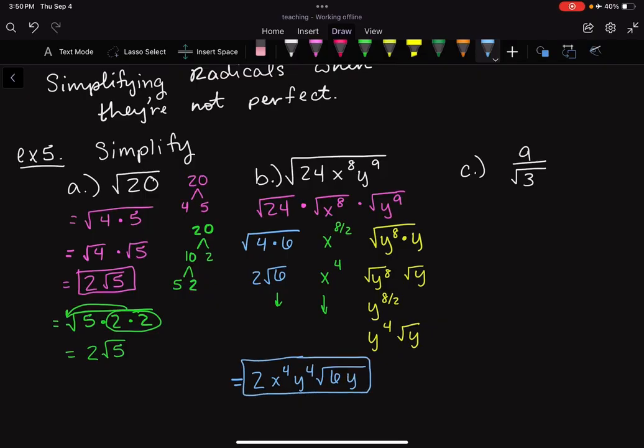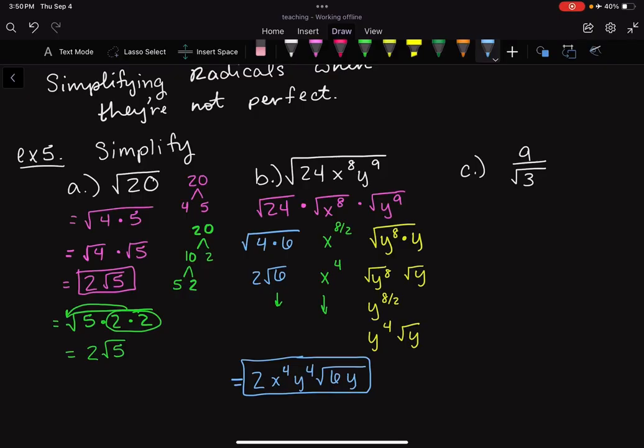This is fully simplified. If you ever have the power bigger than the root, you're going to have to simplify that in some way.